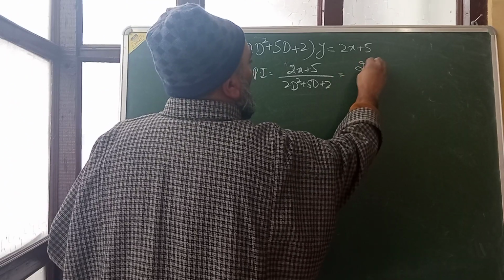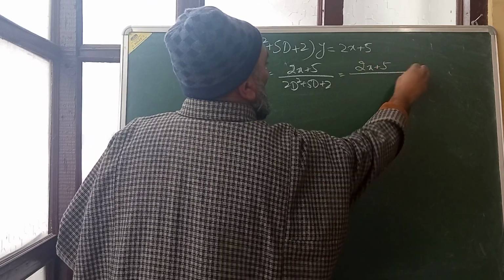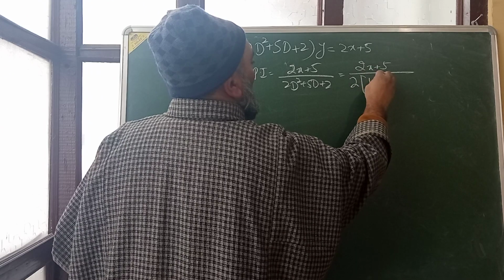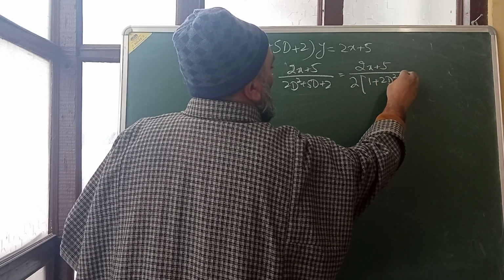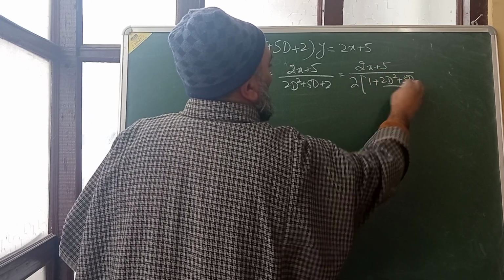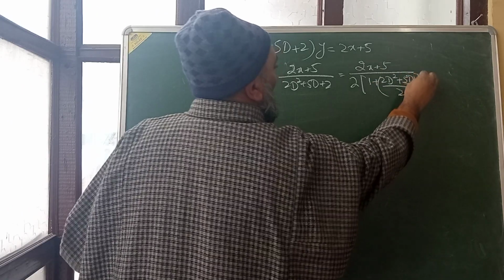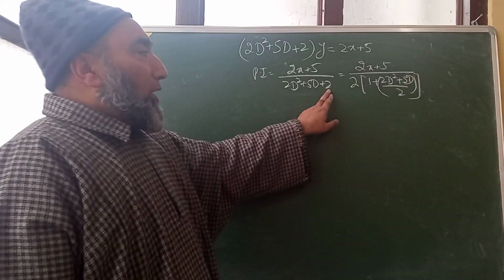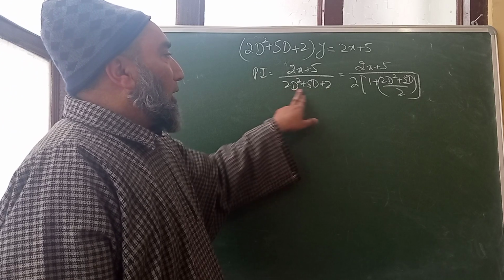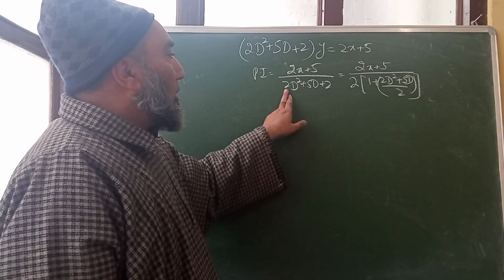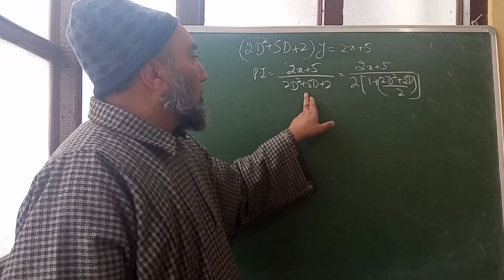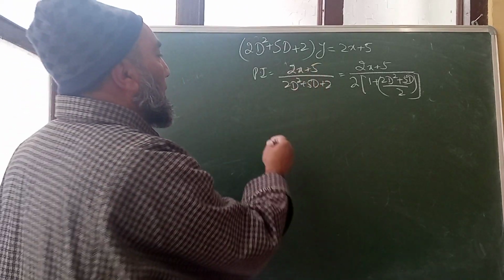This is 2x plus 5, upon 2 times 1 plus 2d square plus 5d by 2. Okay. I have taken the lowest degree term out of this f(d). This is 2, the rest is 1 plus some function of d, 2d square plus 5d. Now take it to the numerator.